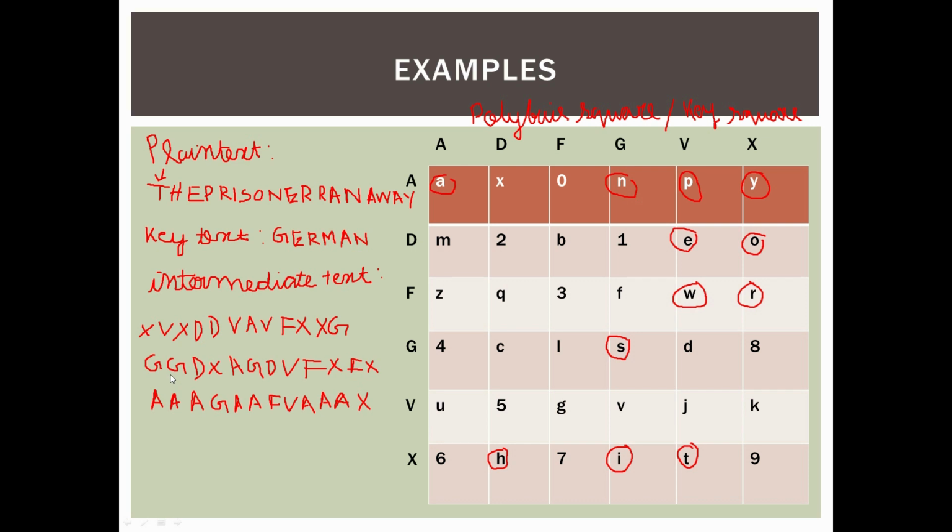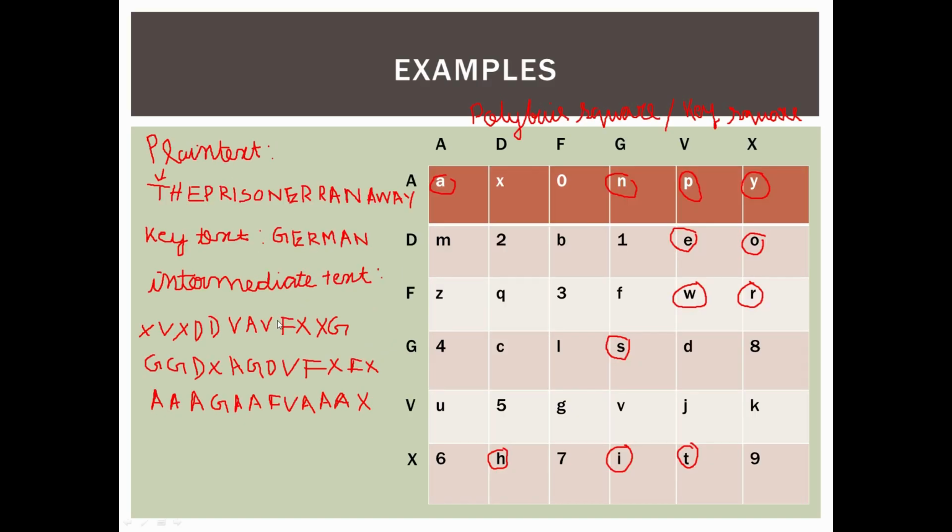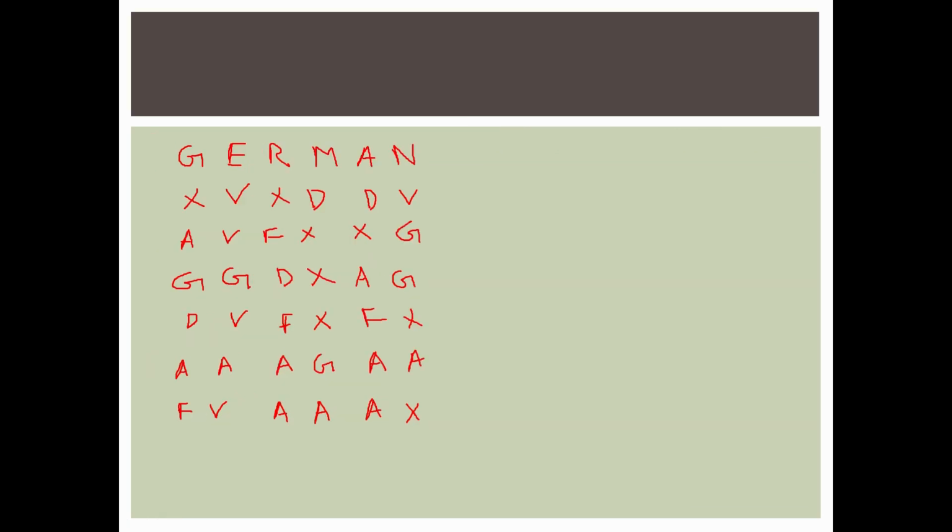We have to do the same thing for the remaining intermediate text characters also. So let me write that quite fast. So as you can see, we had got the table like this. So basically we had divided the intermediate text into strings which have 6 characters in them, and then we had written each of the parts below the key text called German.